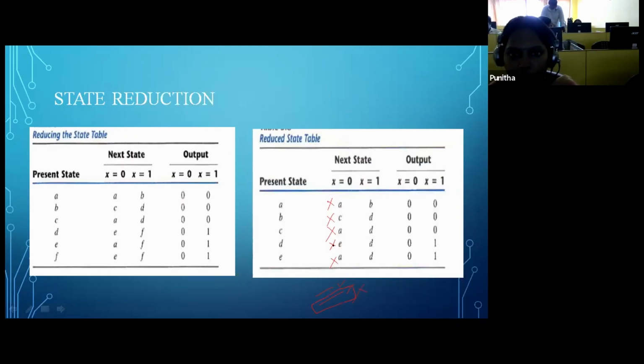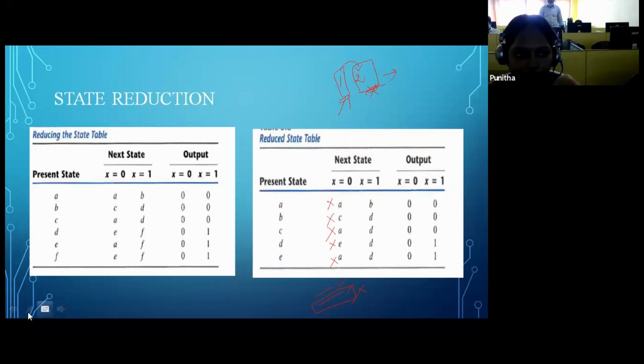If two persons are duplicating, doing the same process, then I will go with one person and not consider the other, because both are doing the same process. For that I will consider only one process; the next process I will not consider at all. That concept only we are implementing for reducing the state.